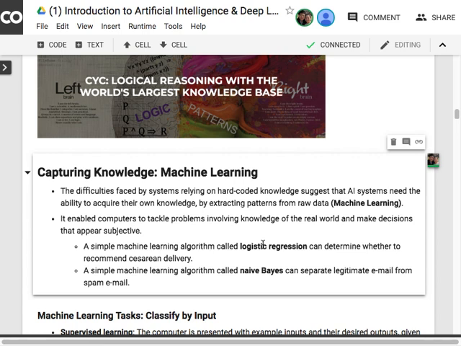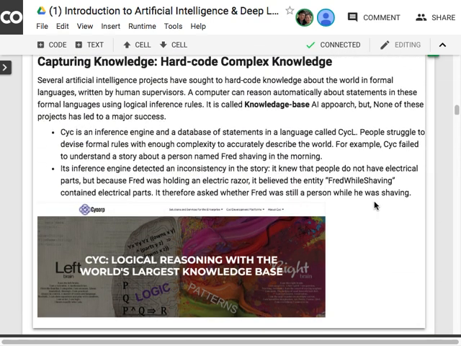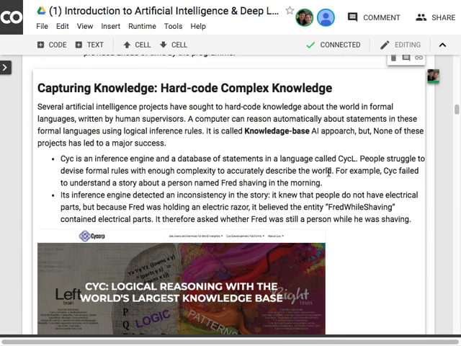So we give them the data and let them extract the pattern from the raw data by themselves. In the previous era, hardcoded complex knowledge meant the human supervisor captured the pattern in nature and wrote down their own rules into the machine. But the rules were inconsistent, and we had a problem.